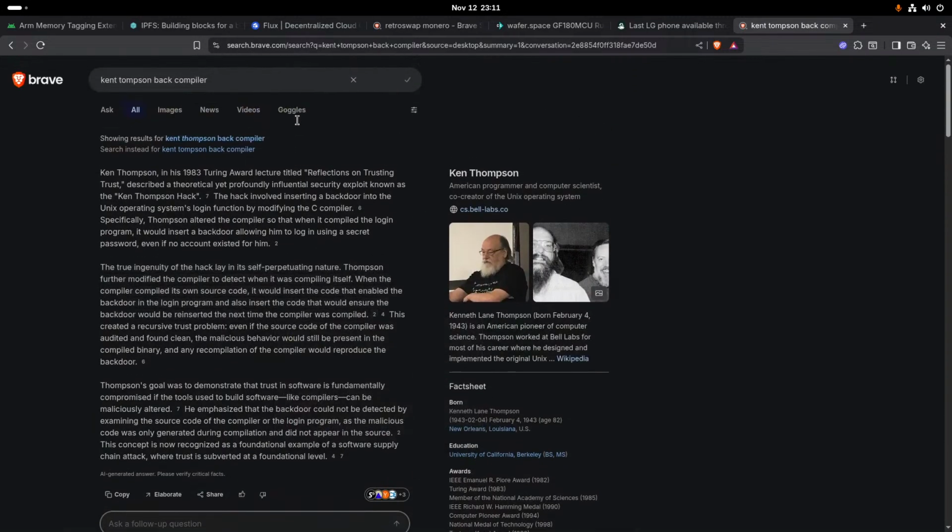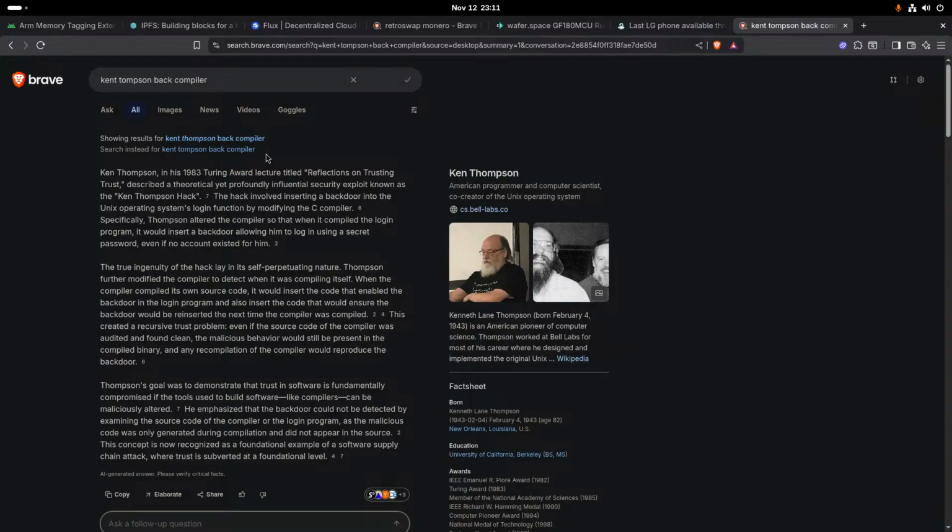The true genius of the hack lies in its self-perpetuating nature. Thompson further modified the compiler to detect when it was compiling itself. When the compiler compiled its own source code, it would embed the backdoor in the login program, and also insert the code that would ensure the backdoor would be reinserted the next time the compiler is compiled.